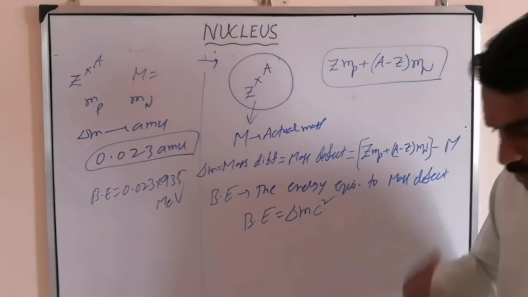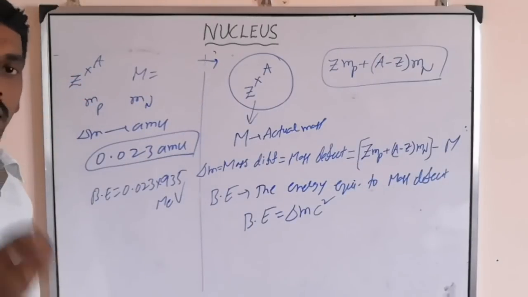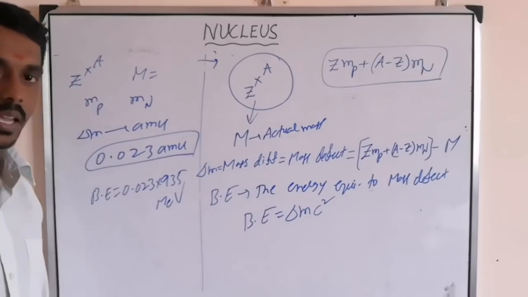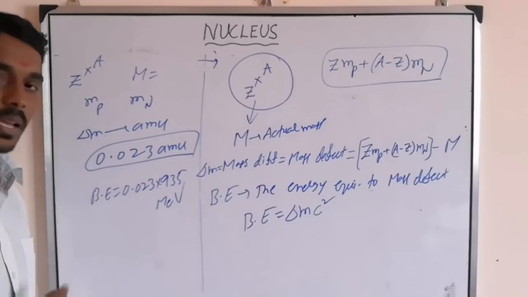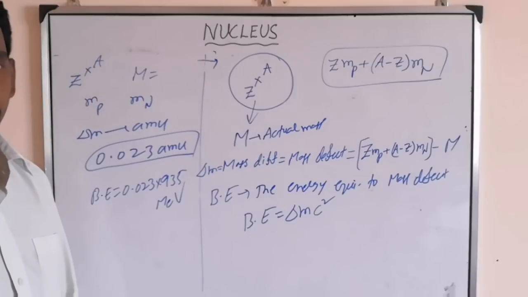Because every time a question related to mass defect or binding energy comes, you will get the values in terms of AMU. Then you have to find delta M. Then you have to multiply with 935 so that you will get binding energy.